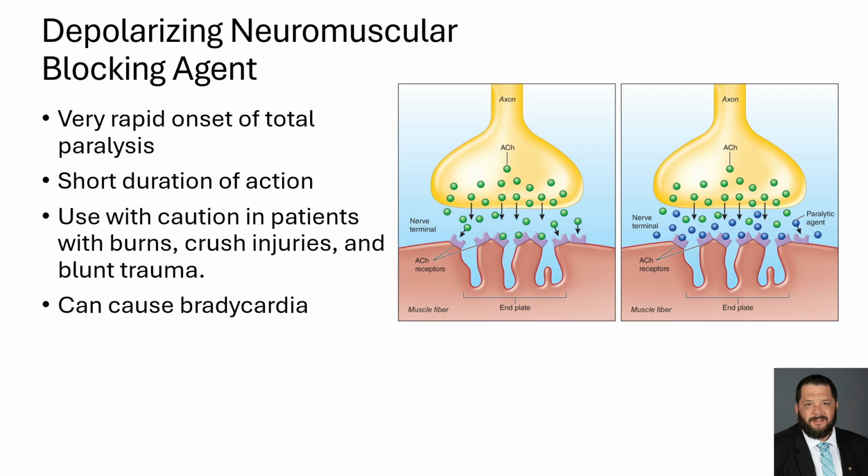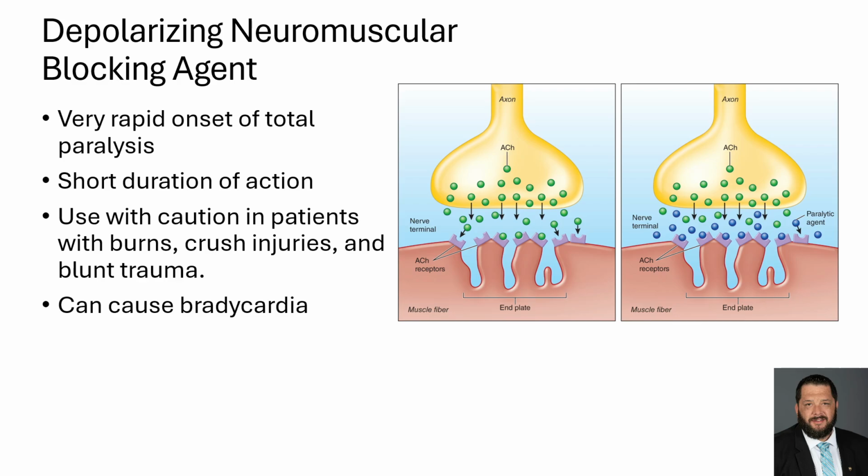Because of the depolarizing nature of succinylcholine, it comes with a long list of contraindications, potential side effects, and caution. You should use caution in any patient that has increased intracranial pressure, increased intraocular pressure, patients with burns, crush injuries, blunt force trauma, patients with glaucoma.